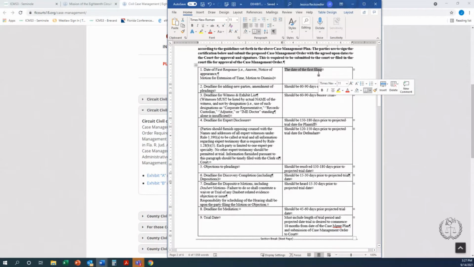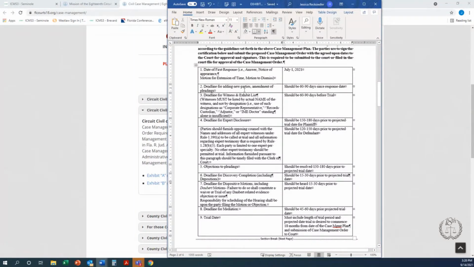For instance, you could put July 1st, 2021. That would then be placed into the date of the first filing to indicate when the date of the first response would be required, normally 20 days after, of course, service.